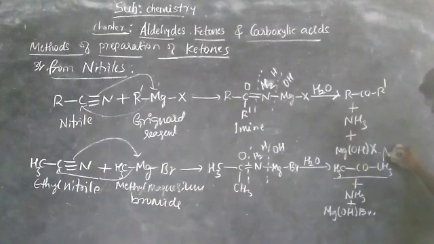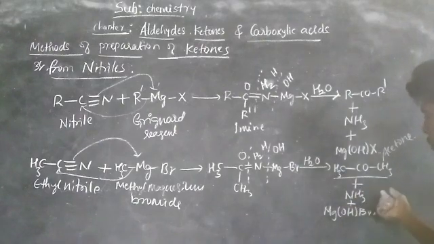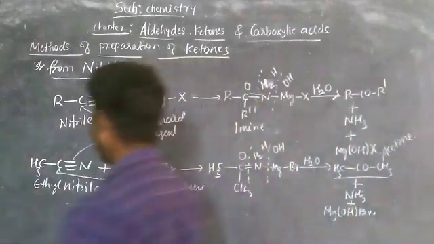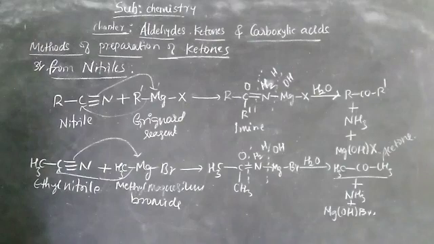What do we call it? Acetone. And this is ammonia and this is the magnesium hydroxy bromide compound. The ammonia gas comes out and escapes, and the magnesium compound is filtered off, so you get pure acetone. So in this way we are preparing ketones from these three methods. Okay.